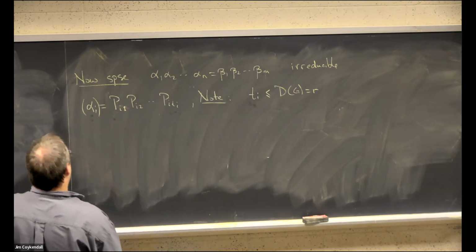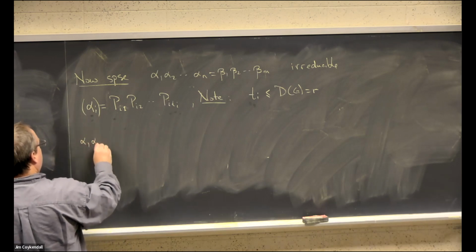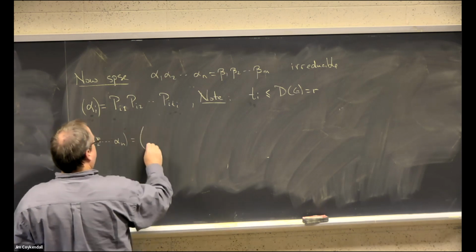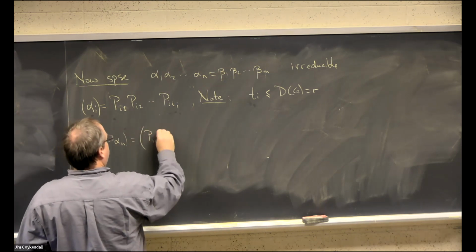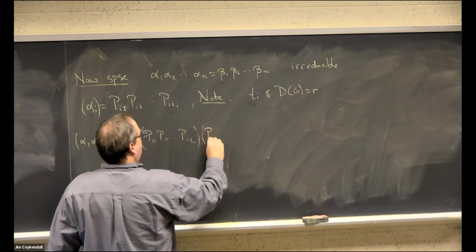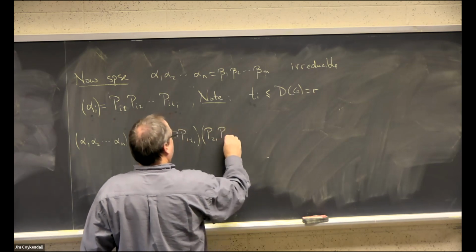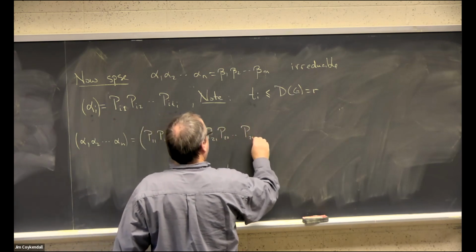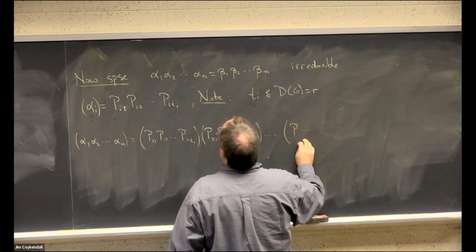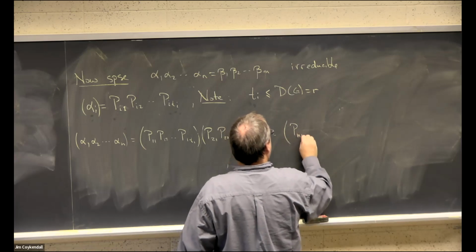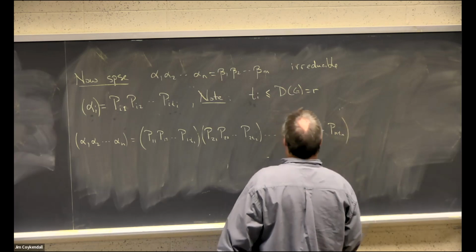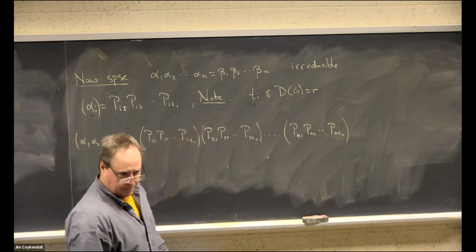So if we notice that alpha 1, alpha 2, up to alpha n, treated as an ideal, is actually P11, P12, up to P1t1, P21, P22, up to P2t2, all the way up to Pn1, Pn2, and so on.